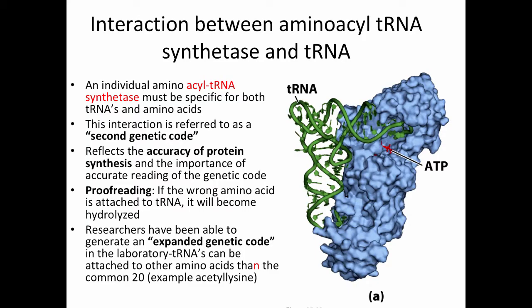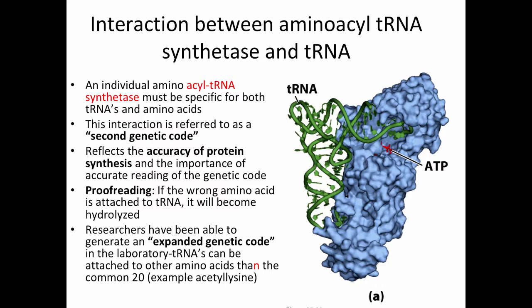Okay, so again, we have a very specific interaction between the individual aminoacyl tRNA synthetase, make sure you have that corrected, it's very specific for both the specific tRNA and then the specific amino acid. And this actual interaction is what we refer to as the second genetic code, and it really reflects the fact that you have to have really, really high accuracy of protein synthesis.